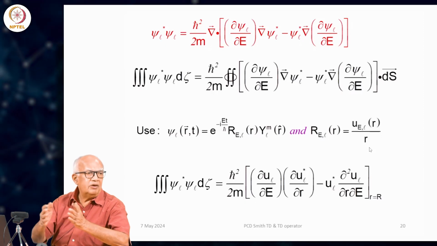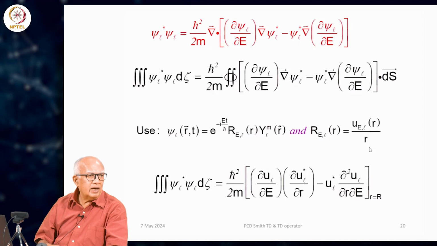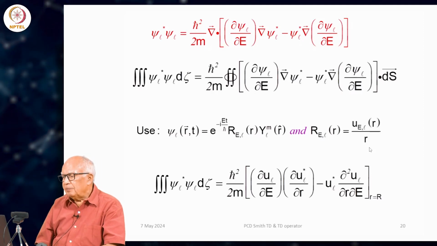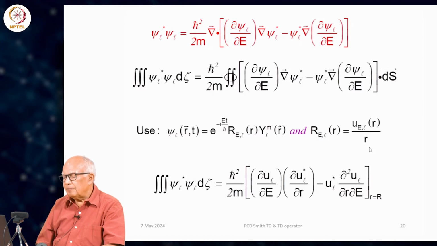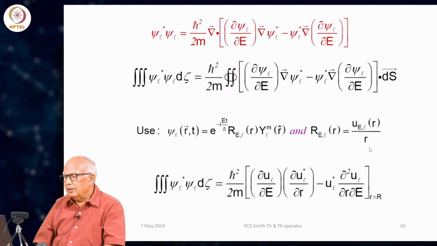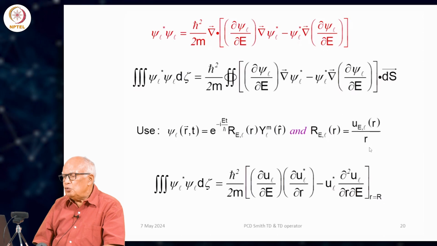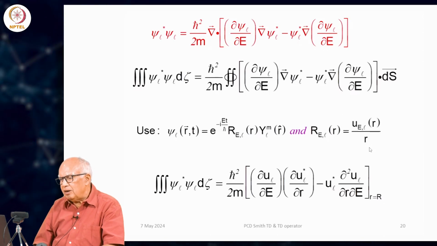They will generate some factors like 4 pi and so on. There will be some cancellations, and you are now left with terms over distance, and what you are left with is the difference of two terms other than the constants h cross square over 2m.